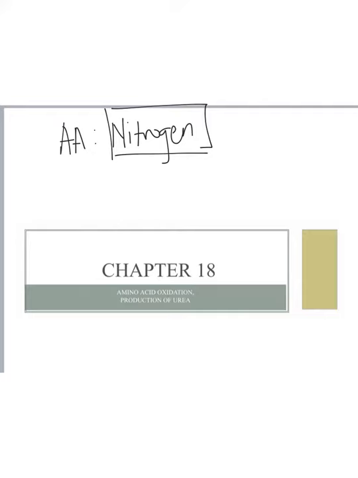And so that's what this chapter is really all about, is how do we handle that nitrogen and excrete that nitrogen in such a way that it is safe for our body and for our cells. And so most of that nitrogen, as we see in this chapter, is going to be converted into ammonia and then dealt with in a way that we can excrete it safely from the cells.